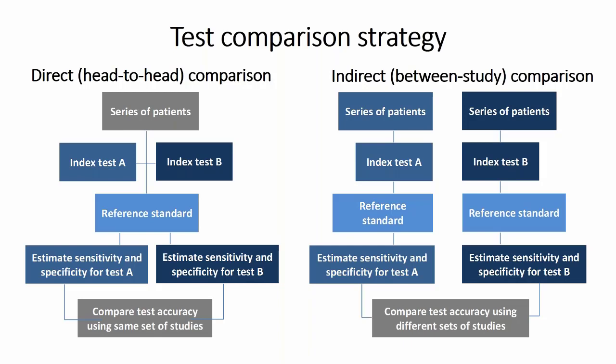A systematic review may include an indirect comparison, or it may also include a direct comparison if they've got comparative studies, where they do a second analysis restricted just to the direct comparisons, or they may choose to just focus on a direct comparison only. So those are the possibilities within a review.